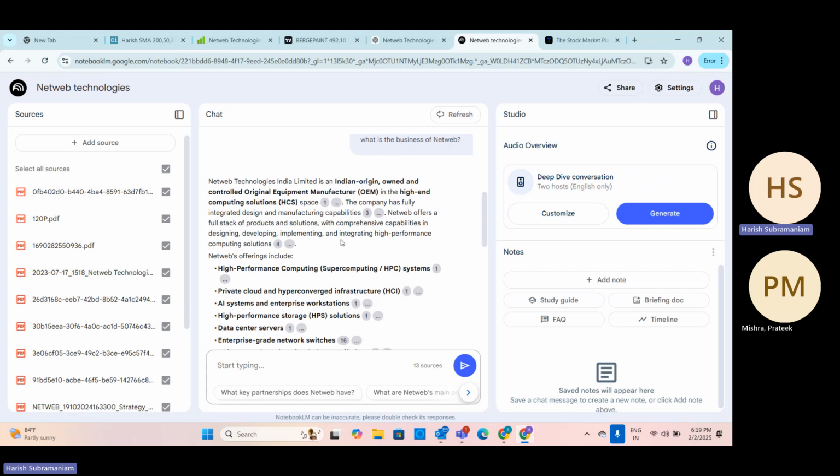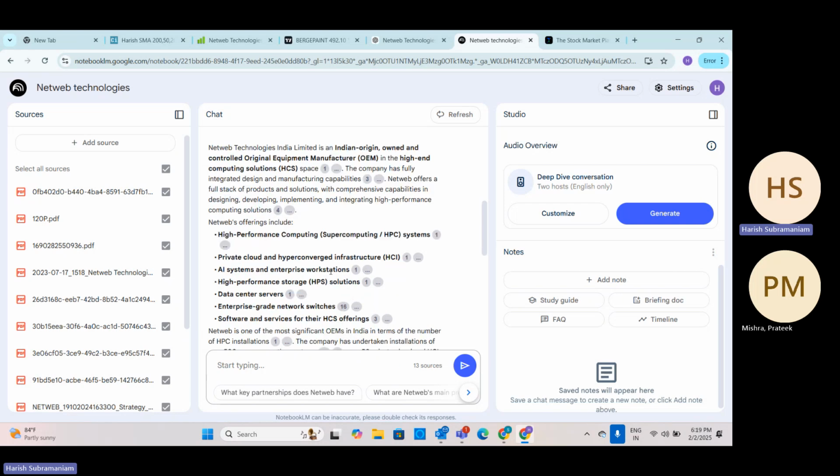Notebook LLM will go through that. It's an Indian origin, owned and controlled original equipment manufacturer in the high-end computing space. Company has fully integrated design and manufacturing capabilities. It offers a full stack of products and solutions with comprehensive capabilities in designing, developing, implementing high-performance computing solutions.